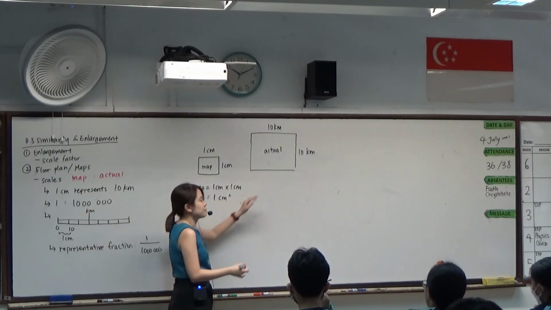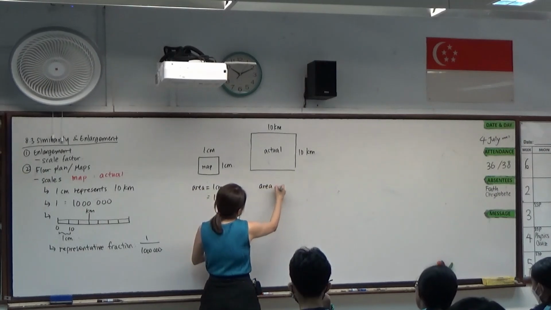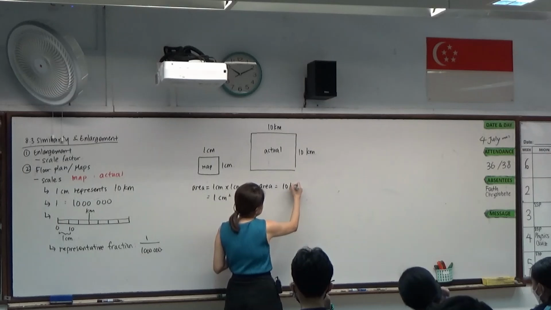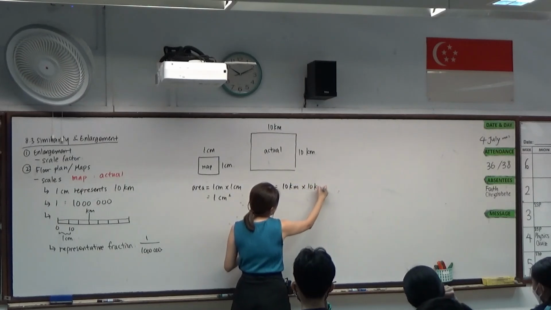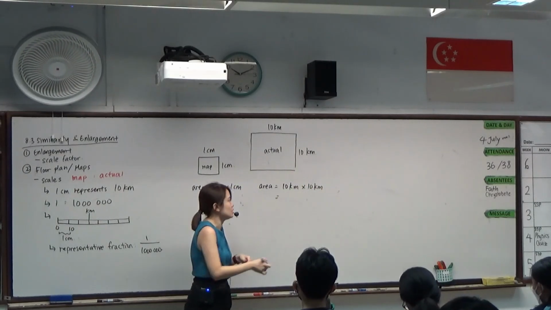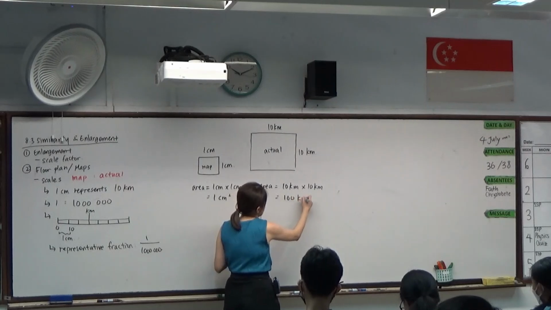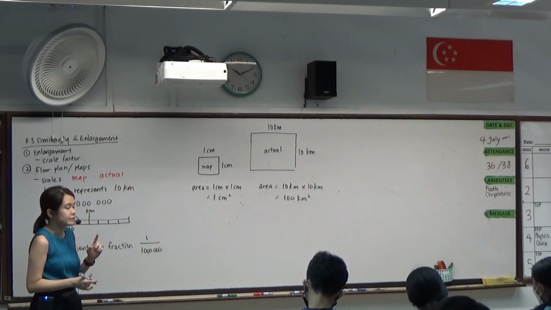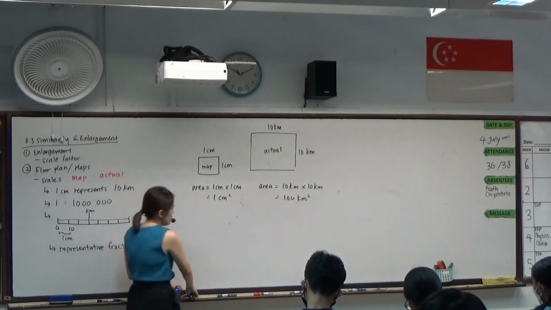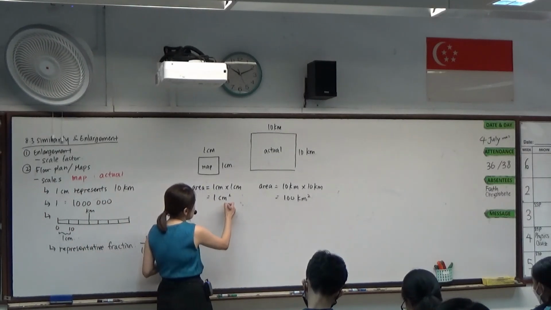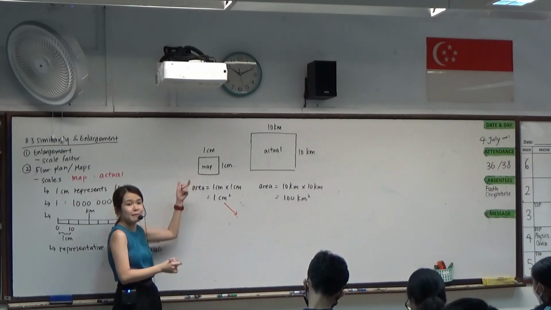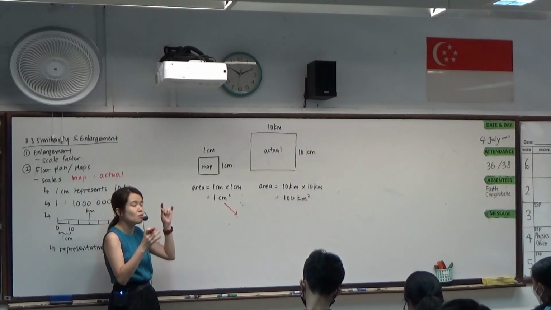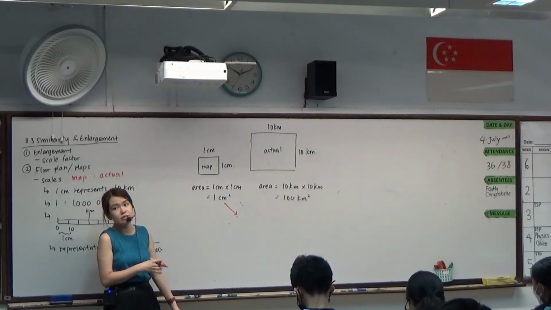But for the area of the actual, it will be 10 kilometers times 10 kilometers, and that results in 100 kilometers squared. So in other words, we see that 1 cm squared on the map does not represent 10 kilometers squared.